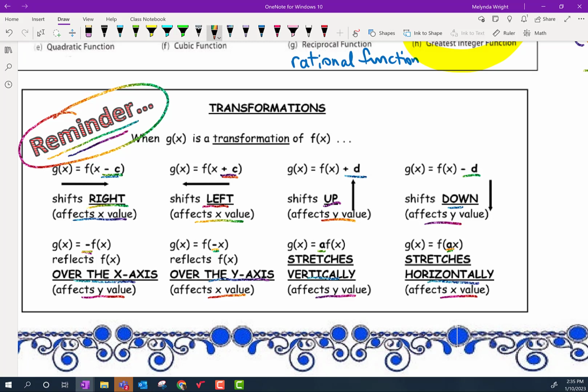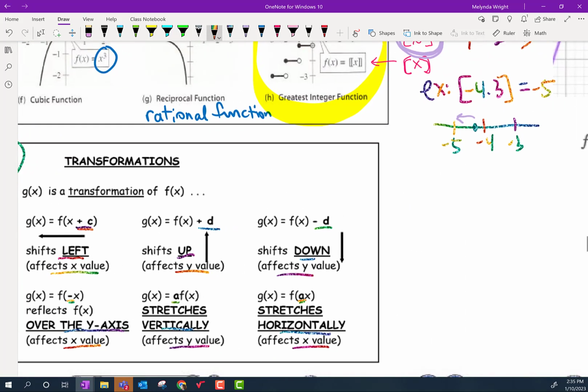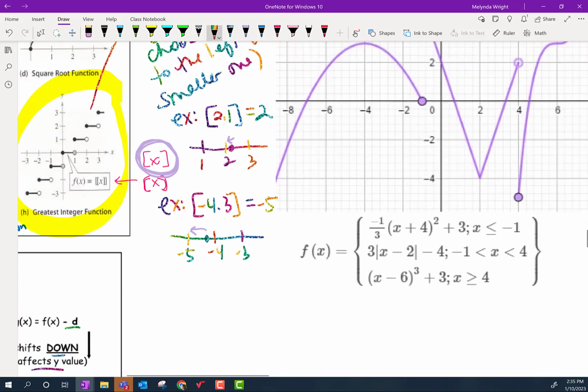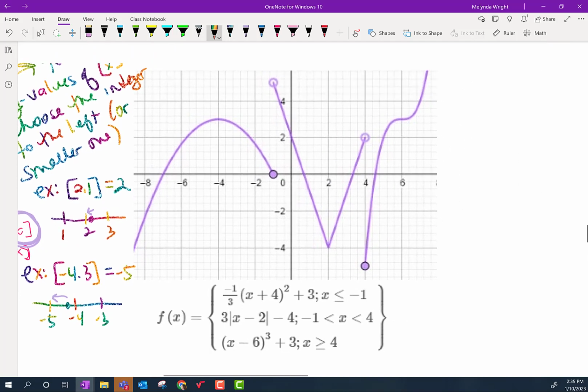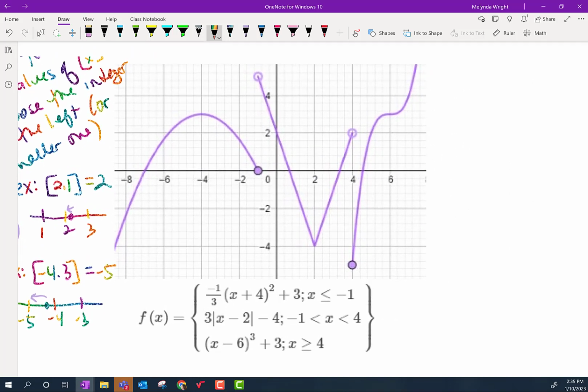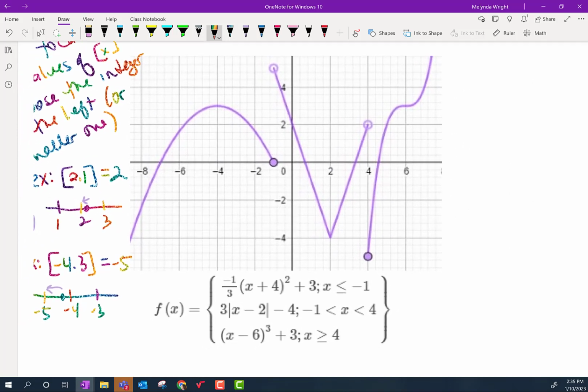So what I want to do next is look at piecewise functions. We did look at piecewise functions last year. Some of us had a little bit of trouble with them, so they're very important, so let's just look at them again and recall what's going on.